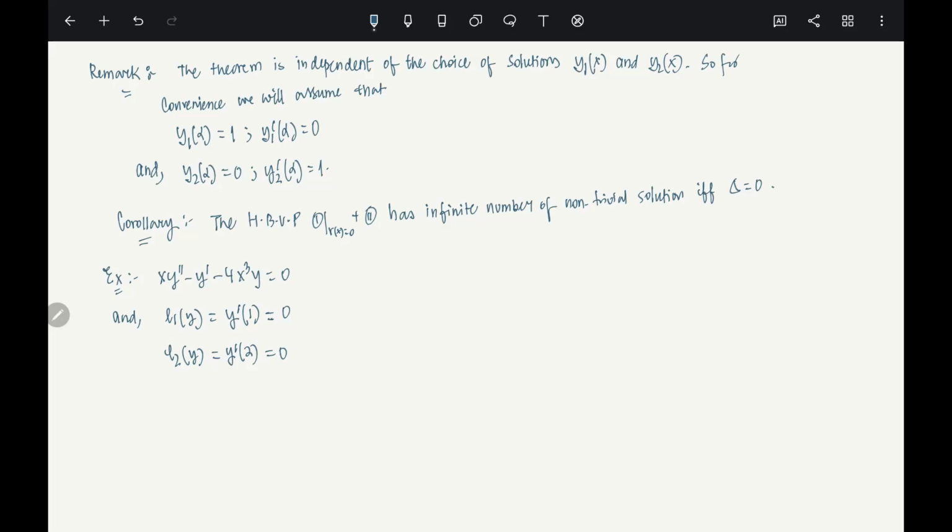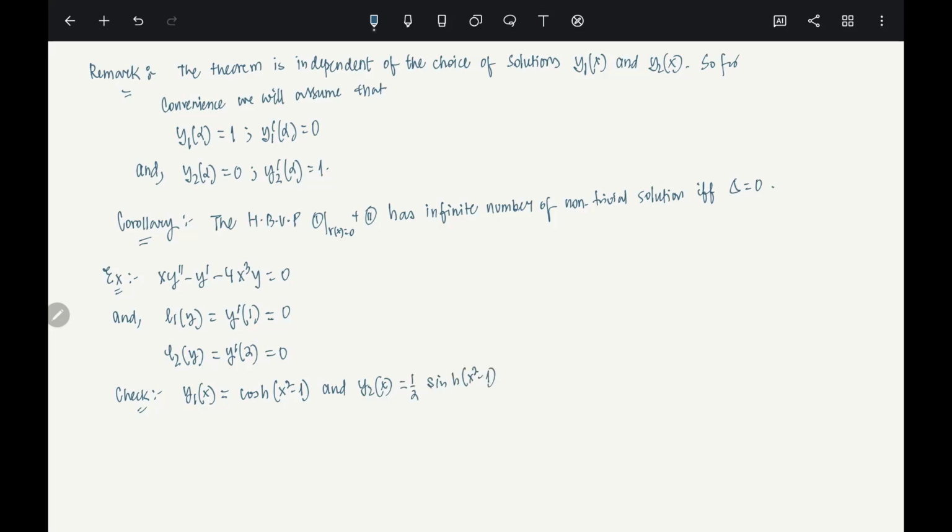So I'm going to write two solutions of it, so you can check whether this is the case or not. Check that y1(x) is equal to cosh(x squared) minus 1, and y2(x) is half sinh(x squared) minus 1.